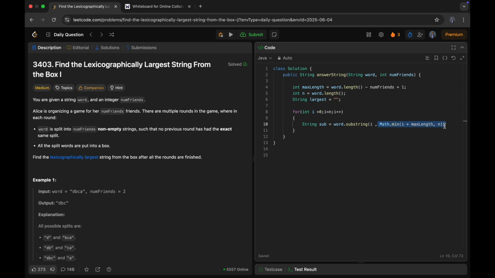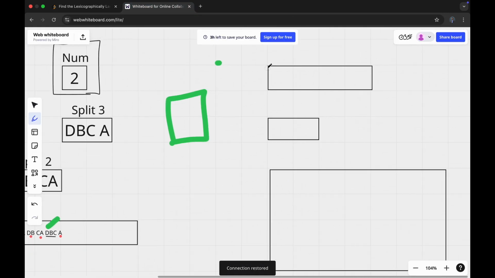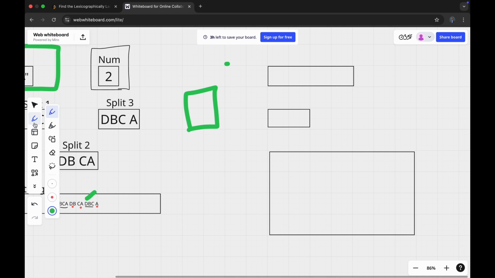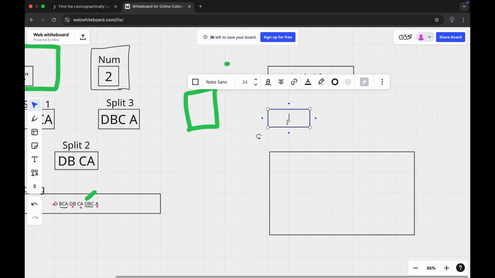Okay, so now I'll explain to you guys the main role of Math.min(i plus max length, n). Let's take another example. Let's say we have the word ABCDEF, the split is 3, and numFriends is 3.